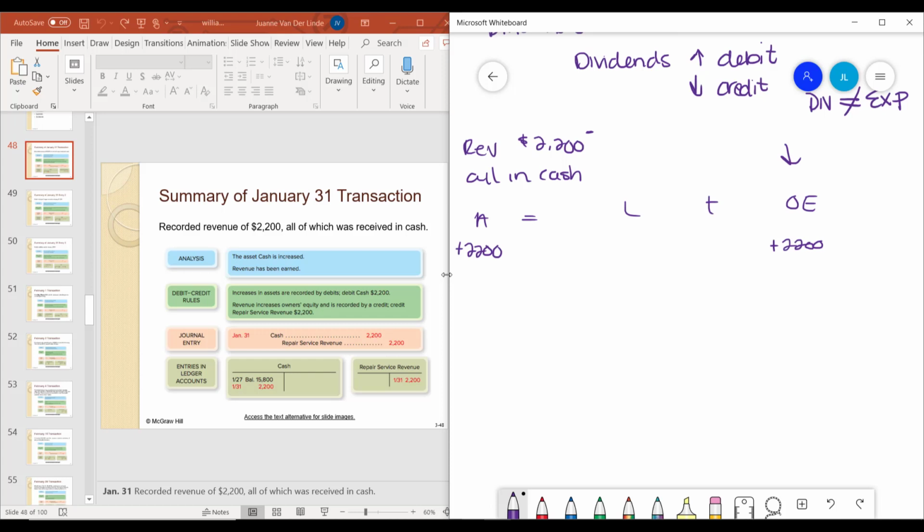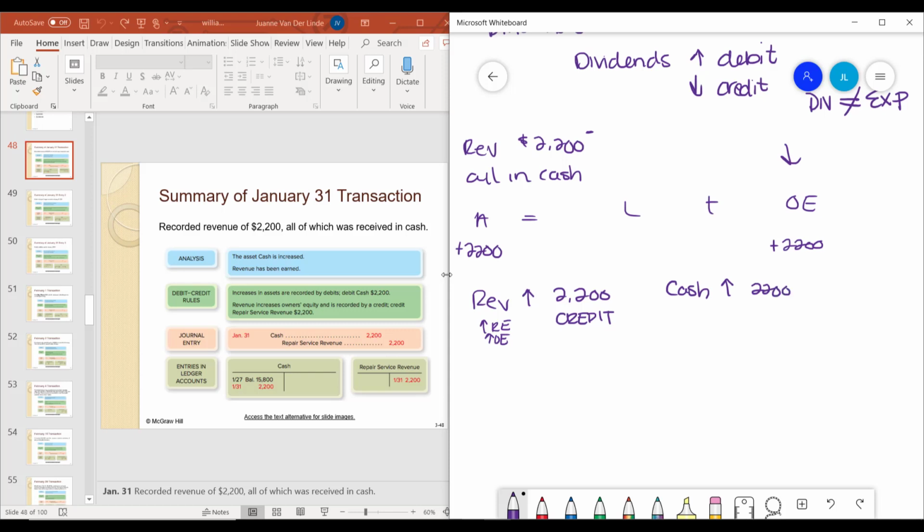So revenue is going up by $2,200. Revenue, how do you record increases to revenue? Remember we said revenue increases retained earnings, which increases owner's equity. And how do you increase retained earnings and owner's equity? With a credit. At the same time, we receive that revenue in cash, so cash is going up by $2,200.